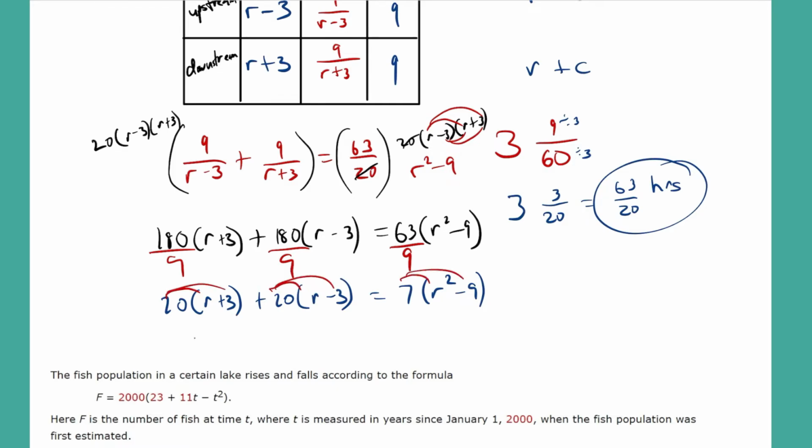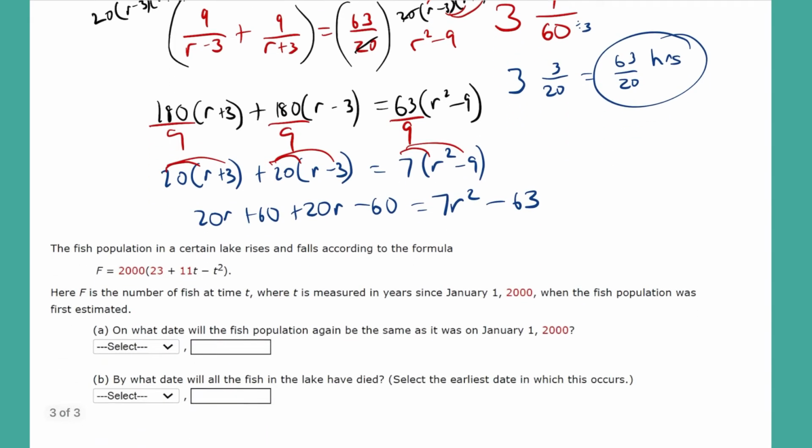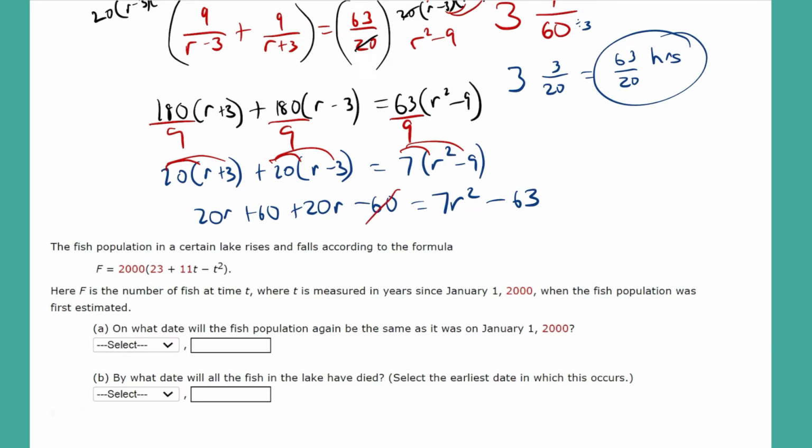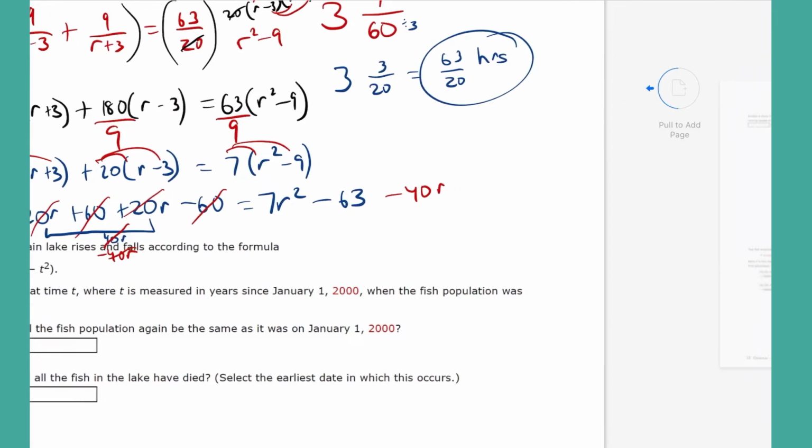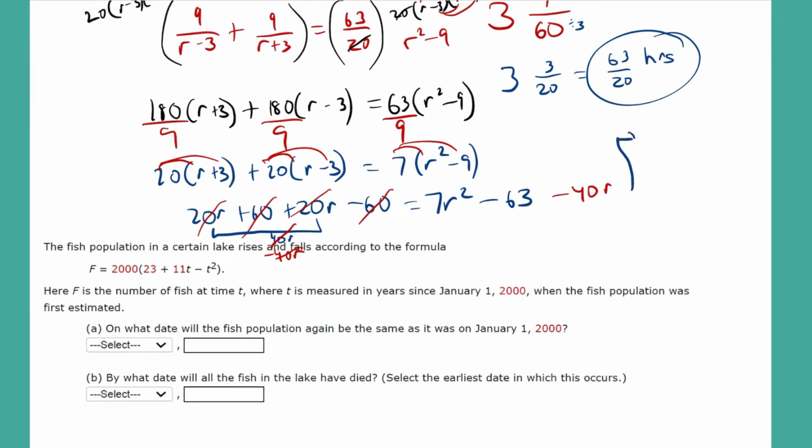So we got 20r plus 60 plus 20r minus 60 equals 7r squared minus 63. All right, luckily for us, something cancels. So we do have 40r over here if we combine those like terms. And then we can subtract the 40r over. Finally, we end up with this equation over here, which is going to be 0 equals 7r squared minus 40r minus 63.